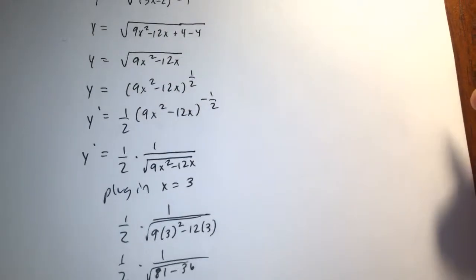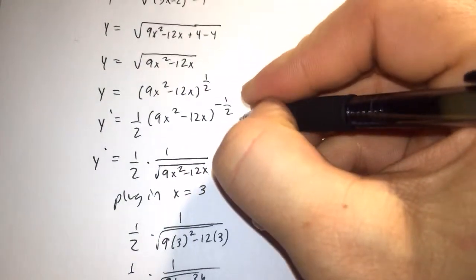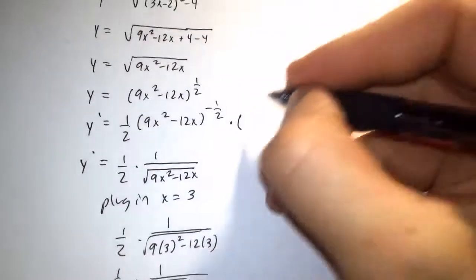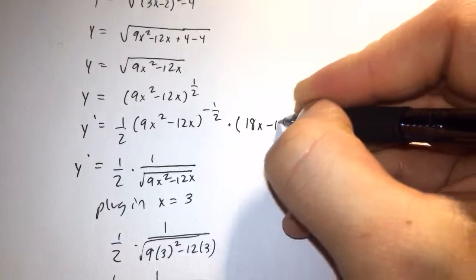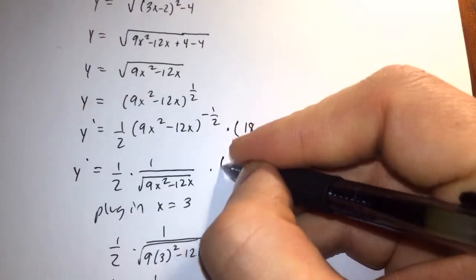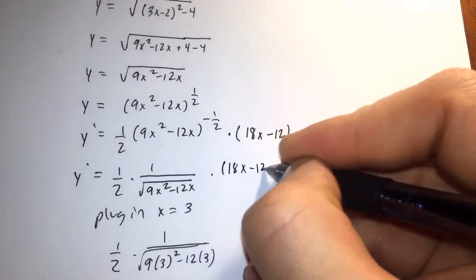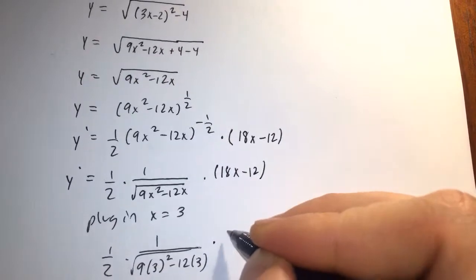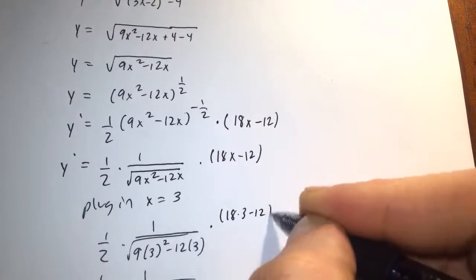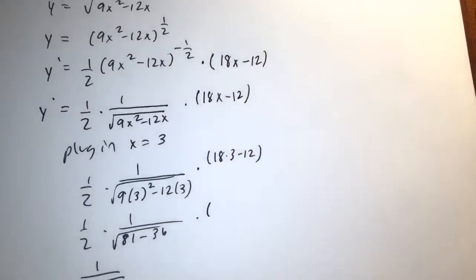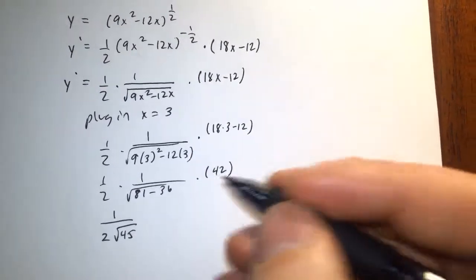One key component that I forgot to include here is that when I'm finding the derivative, I have to do the derivative of what's inside. So you should have 18x minus 12. Okay, and then we also have to take into consideration 18 times 3 minus 12. So you should get 42.